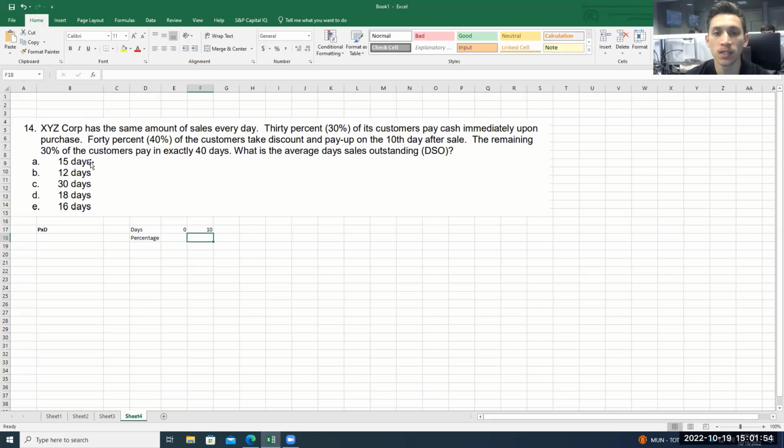The remaining 30% of the customers pay in exactly 40 days. So we have 30% pay immediately, 40% pay on the 10th day, and 30% pay in 40 days.